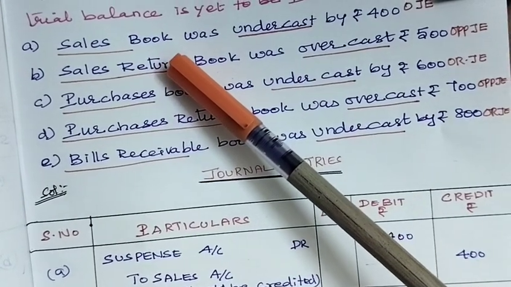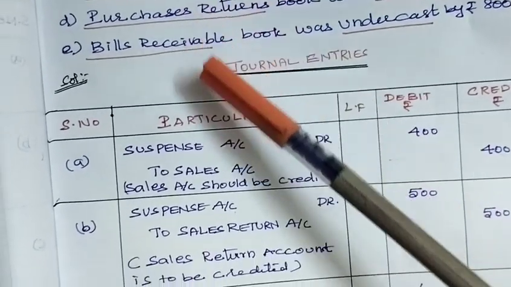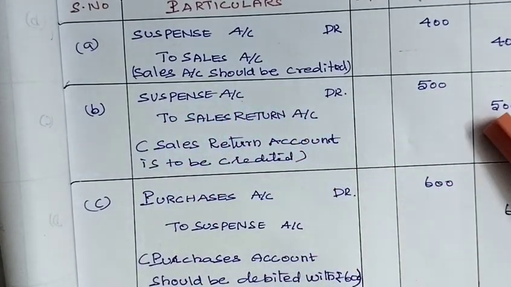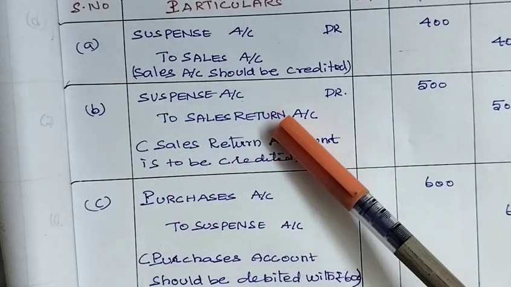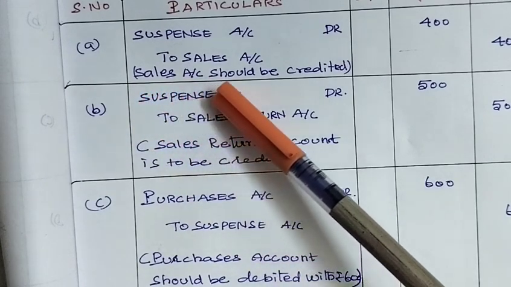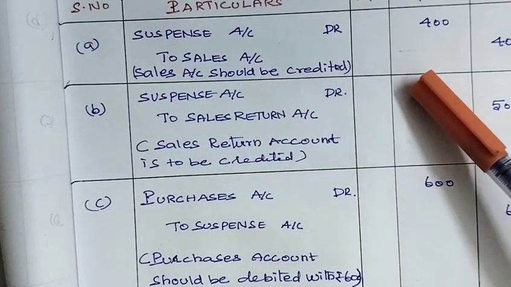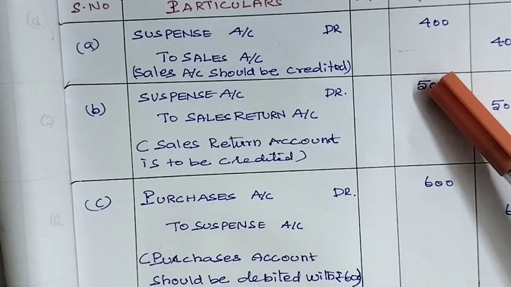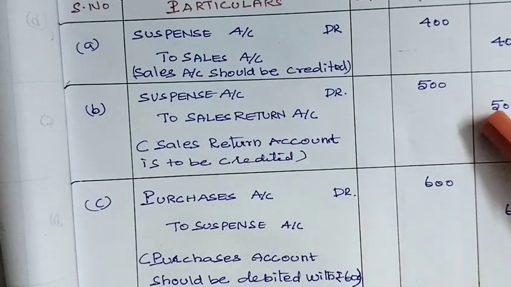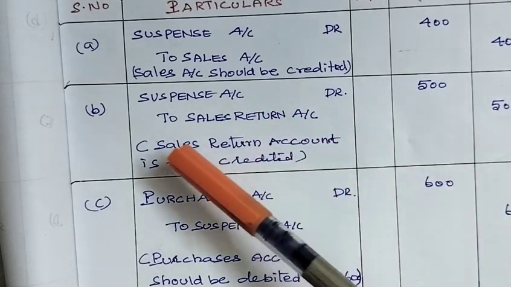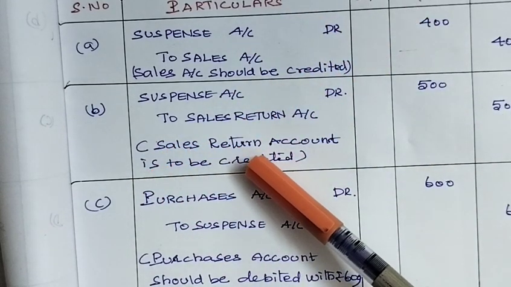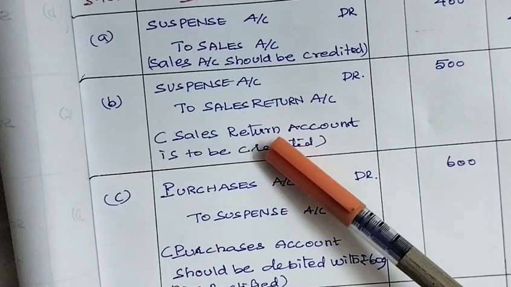So we credit the sales return account, and you have to use the suspense account on the debit side, then only the error will be rectified. Suspense account Dr. 500 rupees to sales return account 500. The sales return account was overcast, now it will be credited, and the error will be rectified.